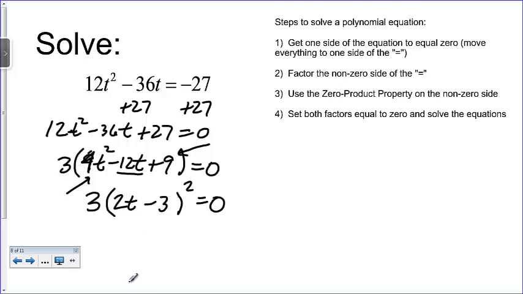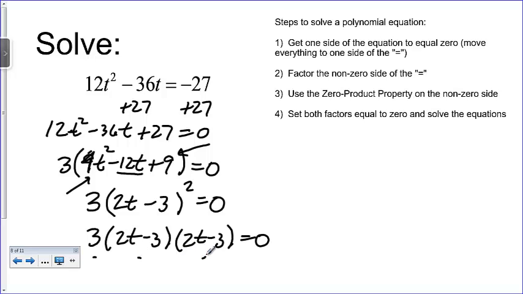Now, using the property of zero product, step 3, really you've got 3 factors here. You've got 3, you've got 2t minus 3, and you've got another 2t minus 3. So if I've got 3 factors multiplied to equal 0, it must be true that one of them is going to equal 0. Now we know 3 is never going to equal 0, so don't worry about setting 3 equal to 0.